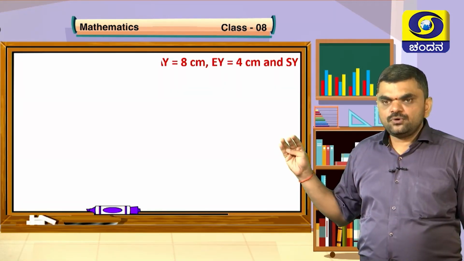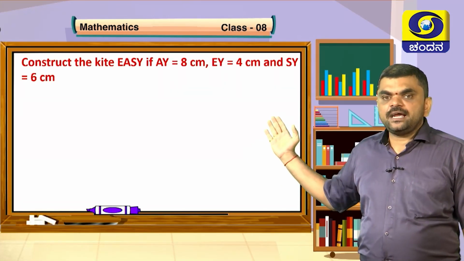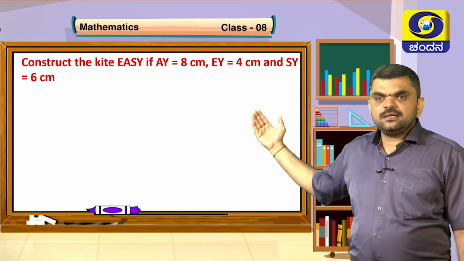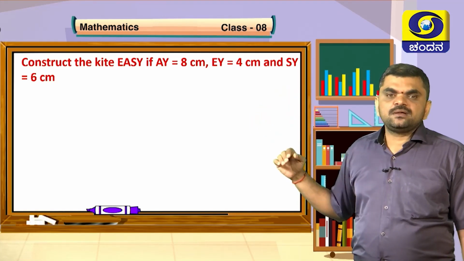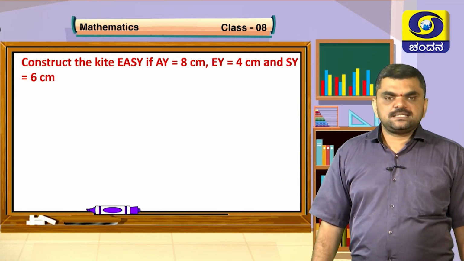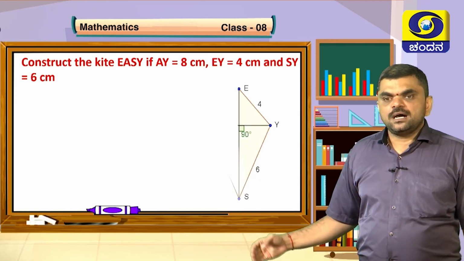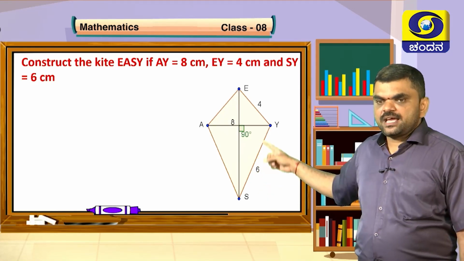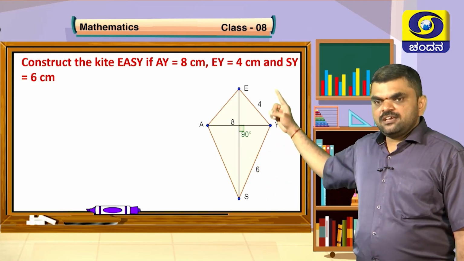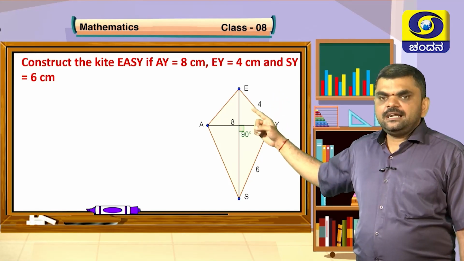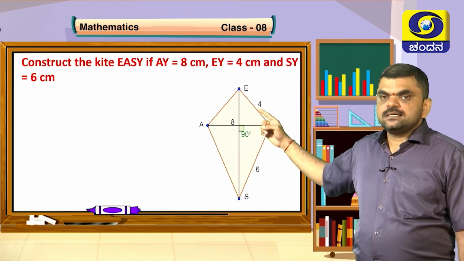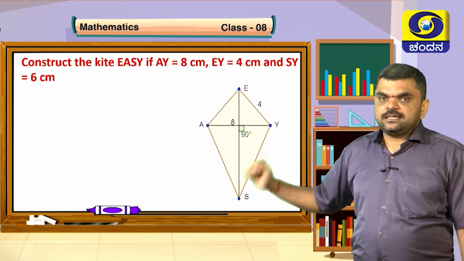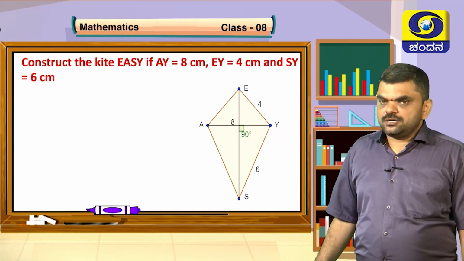Now we have to construct a kite EASY if AY is equal to 8 centimeter, EY is equal to 4 centimeter, SY is equal to 6 centimeter. Now observe, this is the image of a kite. Here they have given SY as 6 centimeter, EY as 4 centimeter and yes, AY, that's diagonal AY, as 8 centimeter, children.